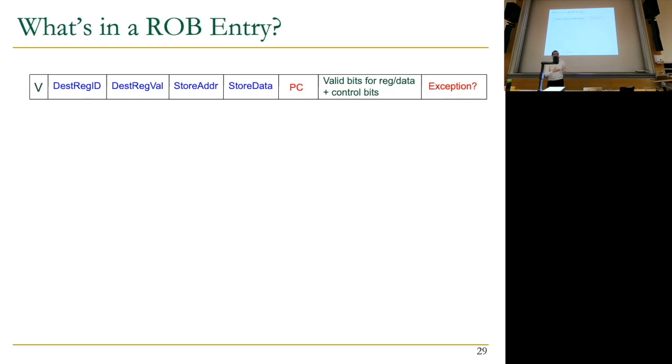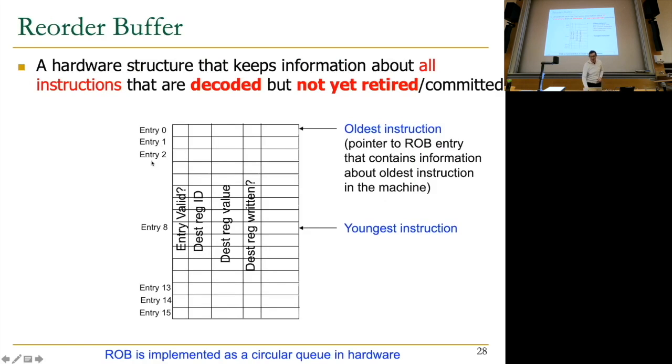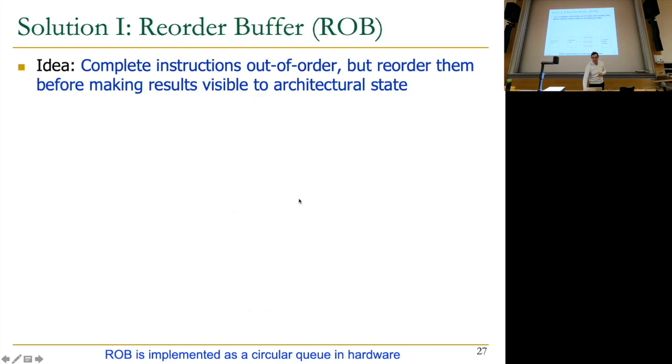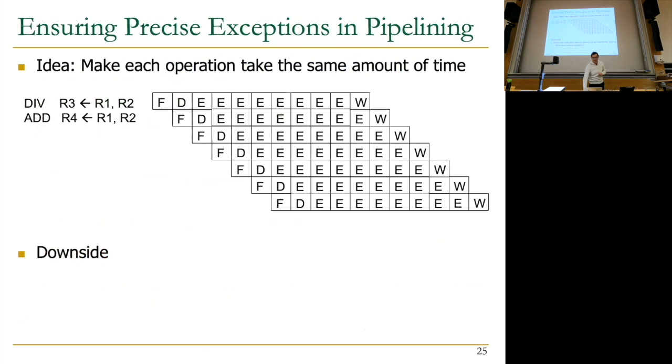You need to save the exception-causing program counter, just like we did in the multi-cycle MIPS architecture. And then there's a field that says, did the instruction generate an exception? Because you need to record that information also, right? Because the reorder buffer contains instructions that may have been executed, that may not be the oldest yet. Let's go back to this picture over here.